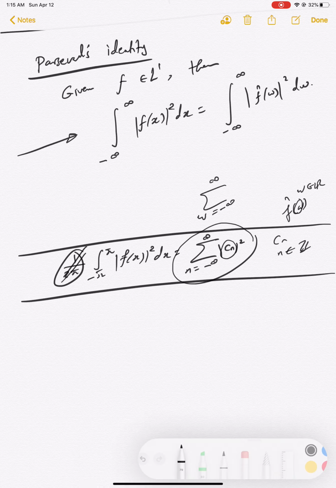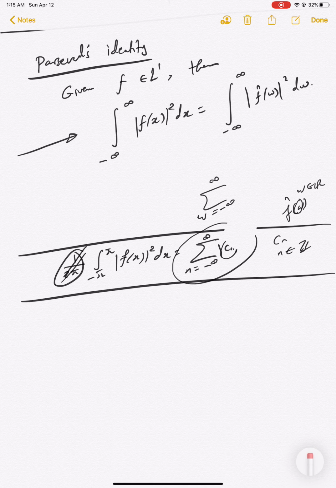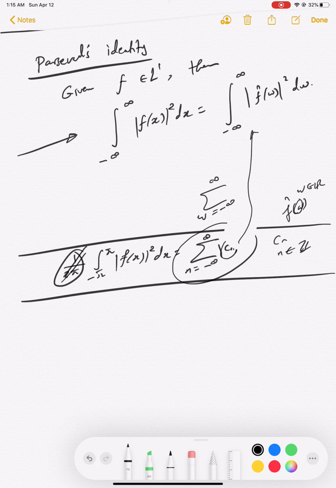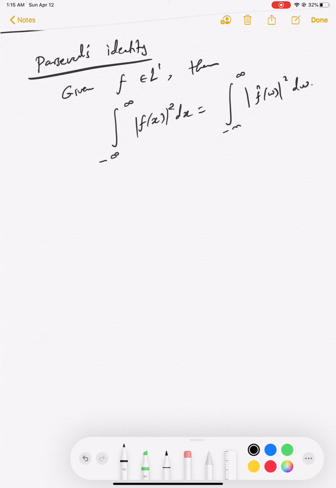Again, our translation for this is go to the integral. So basically this summation becomes the continuous version of it, the integral from negative infinity to infinity. So this is called Plancherel Theorem, or Parseval's identity.